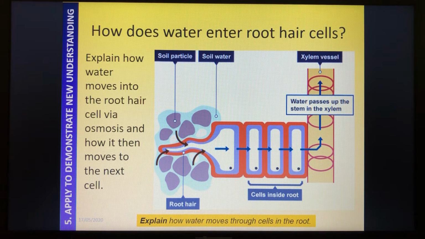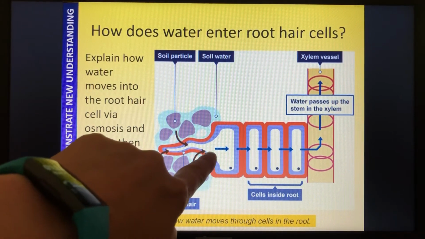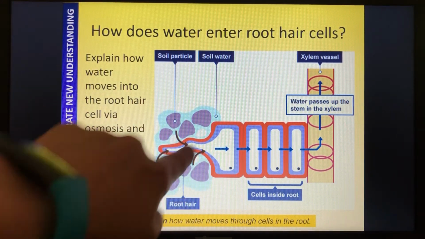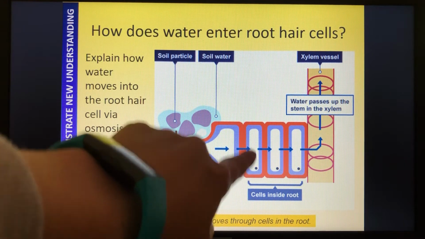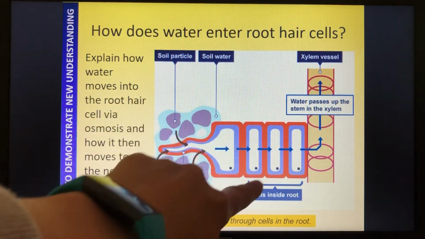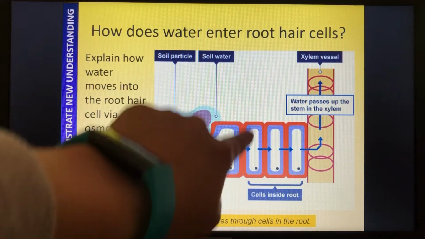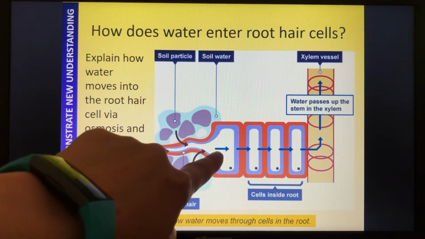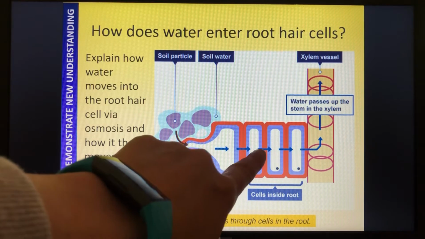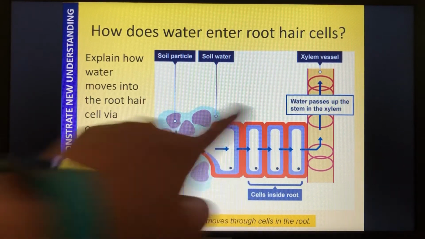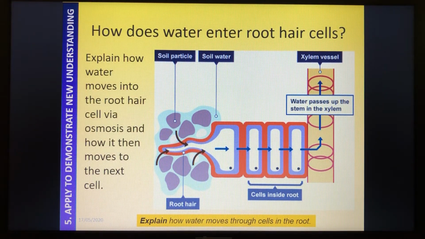What that does to that root hair cell is it's increased the concentration of water, because the water's moved in through that partially permeable membrane. So now the root hair cell has a higher concentration of water, because some just moved in, than the cell next door. This is now a more concentrated sugar solution, less concentrated water. So by osmosis, the water then jumps into the next cell, and it does the same, jumps to the next, all using that process of osmosis and the different gradients between the cells.